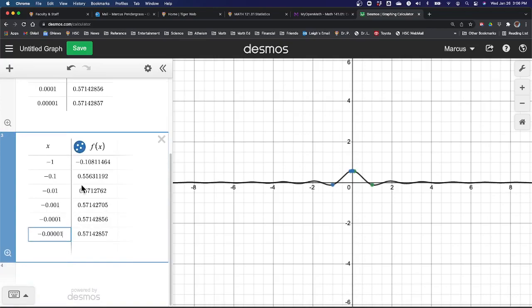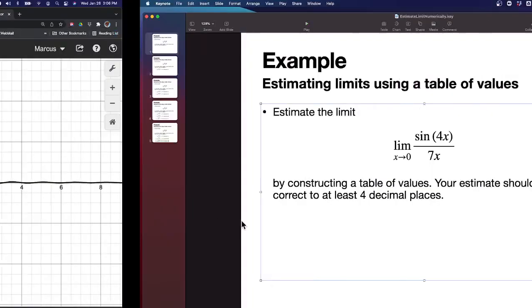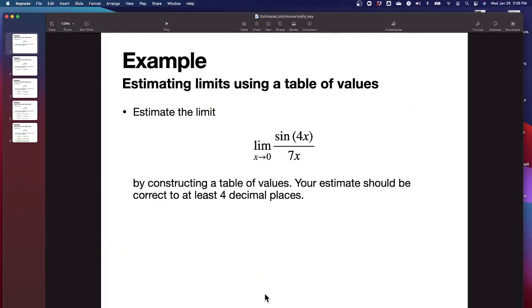From the second table, we could conclude that the left-hand limit also looks like it's about 0.5714, and therefore we could conclude that the two-sided limit has a value that we would estimate at 4 decimal places of accuracy to be 0.5714.